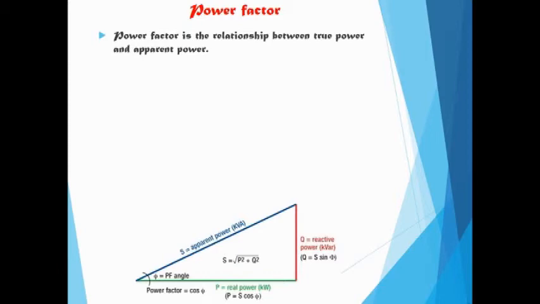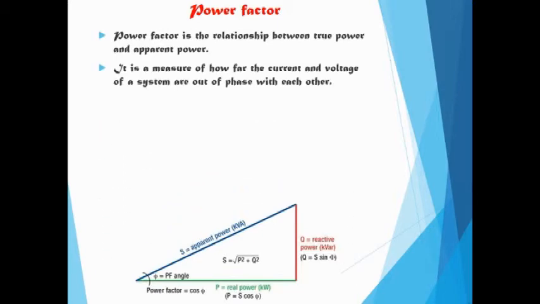The power factor, to reiterate what we said, is the relationship between the true power and the apparent power. It is the measure of how far the current and voltage of a system are out of phase with each other.